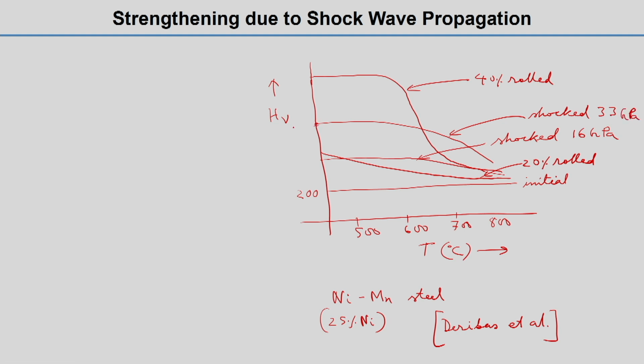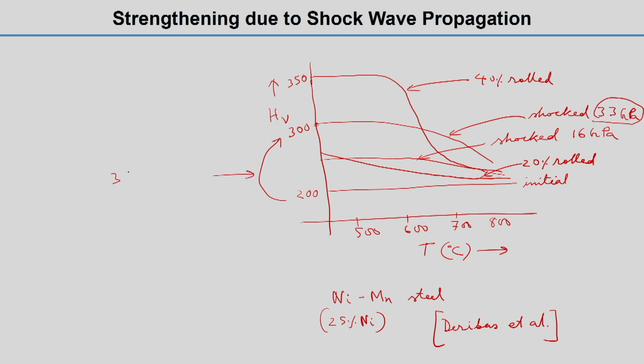This is almost 300 on the Vickers hardness number, and this is 350. You can see that from 200 to 300 it increased for the 33 gigapascal shock wave.